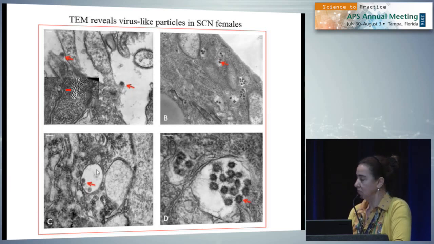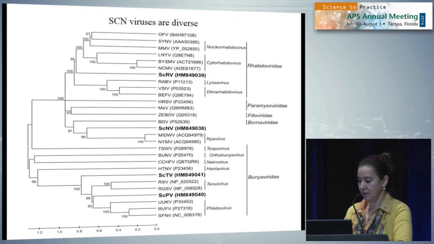In the lower panels, you can see the viruses are enclosed in some sort of membranes, of the cellular membranes of the nematode. This particular virus is the positive RNA virus, which seems to belong to flavivirus.